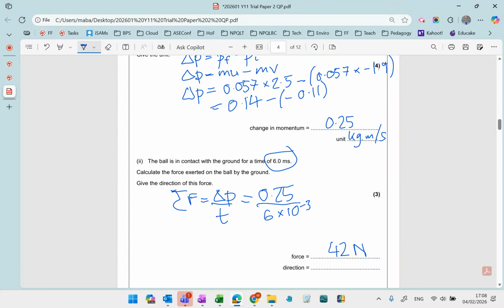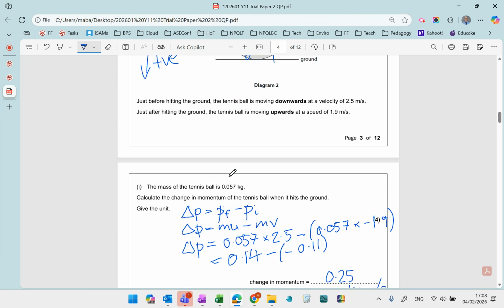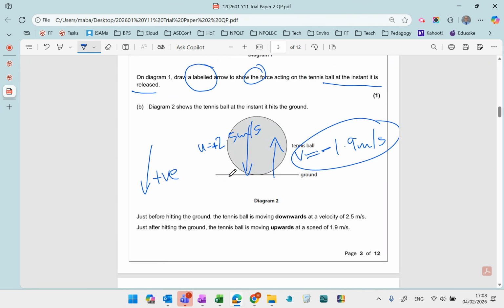Okay, and then we're going to think about the direction, right? Now, this resultant force is going to cause an acceleration, right? So which way is the ball accelerating? Well, it was falling downwards with a velocity of 2.5 meters per second, and then it's going upwards with a velocity of minus 1.9 meters per second.